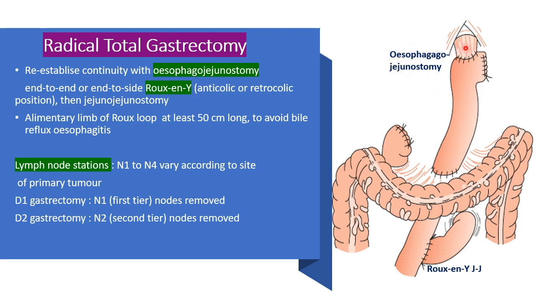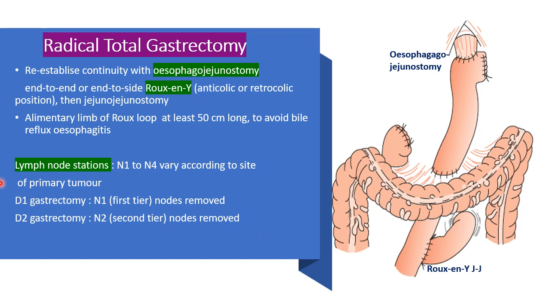This can be done either side to side or end to side, whichever way is convenient, and also a Roux-en-Y anastomosis between the jejunal loops, the distal jejunal loop. So the two procedures that are done are an esophagojejunostomy and a Roux-en-Y jejunostomy.